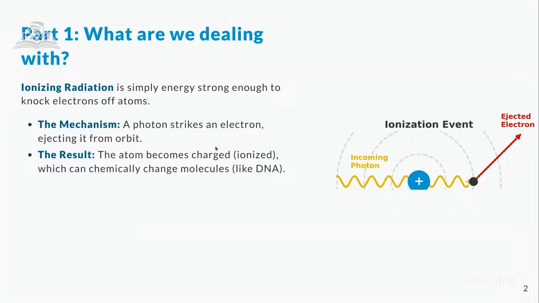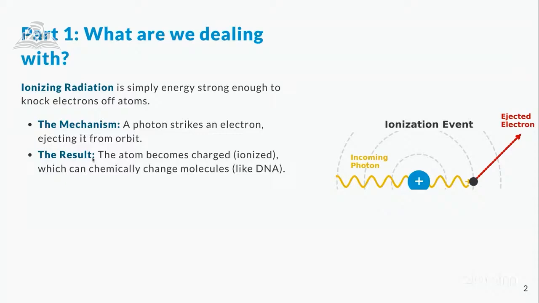So the mechanism is very simple to identify what ionizing radiation is. Ionizing radiation is a packet of energy strong enough to knock an electron off an atom. Why is that important? What does this mechanism do in the body?